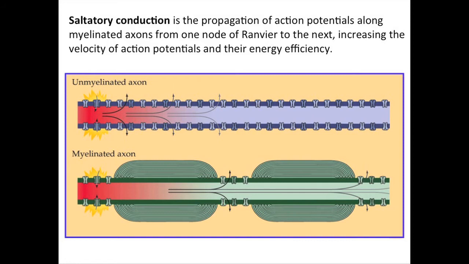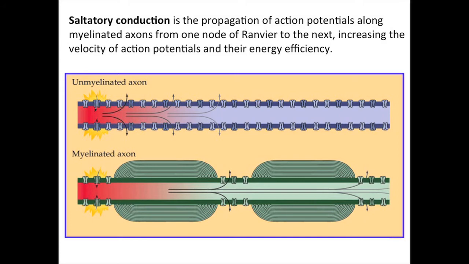That means in an unmyelinated nerve fiber, the impulse has to propagate from each sodium channel to the next, and that takes much longer than when you have a myelin sheath and the impulse jumps from one node, called node of Ranvier, to the next node.